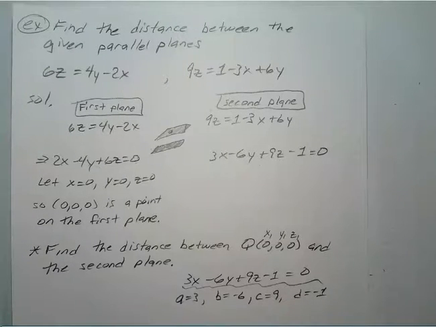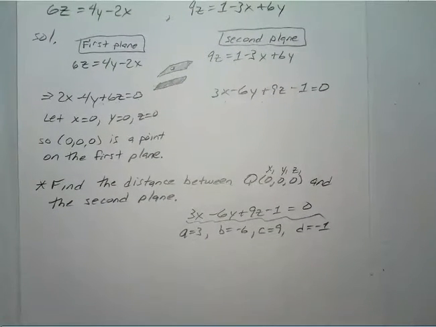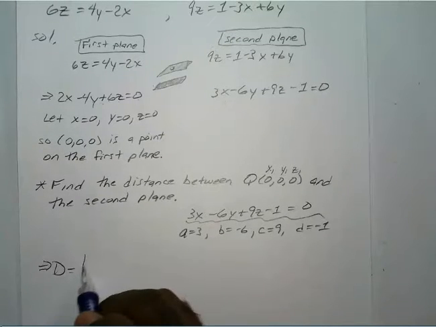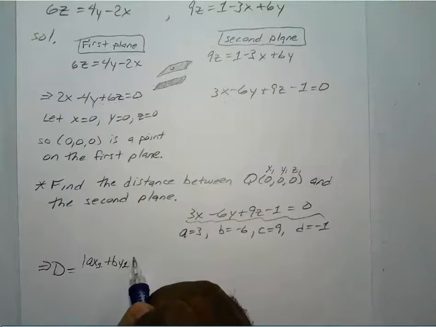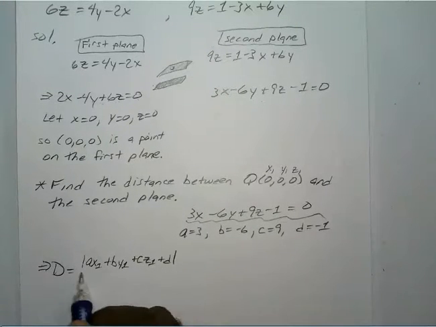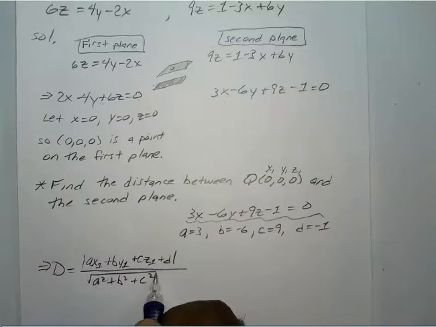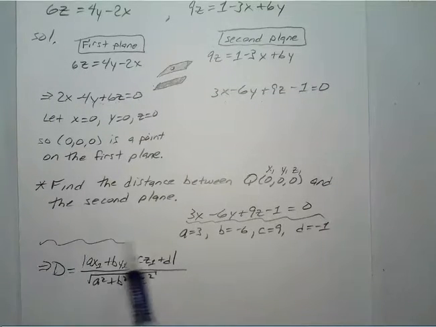All right, so we just go ahead and plug that right into our formula. We know that the distance is equal to ax1 plus by1 plus cz1 plus d, all over the square root of a squared plus b squared plus c squared. Let me separate that a little bit.